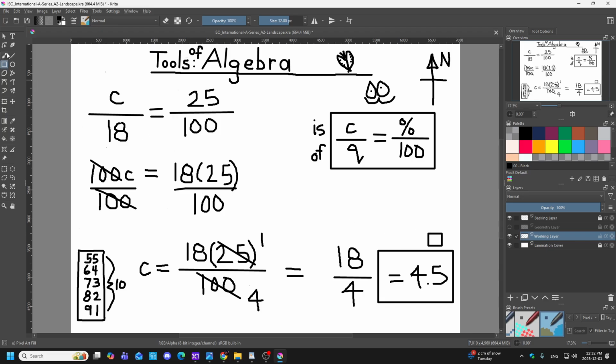And there we go. Okay, so therefore, 4.5 is 25% of 18.